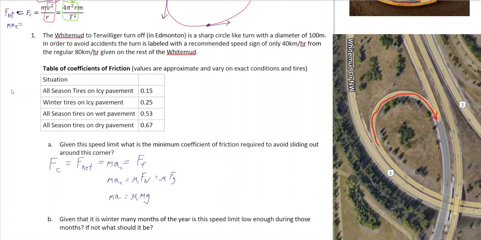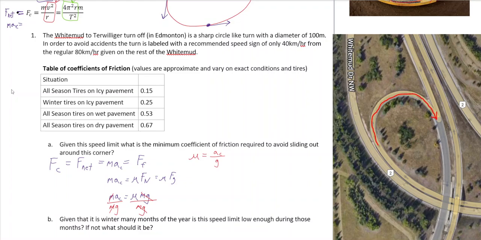So m a_c equals mu mg. Now we're looking for the coefficient of friction, so we solve for mu by dividing by mg on both sides. What you're going to notice is that the mass of the car disappears and doesn't matter. So we're left with mu equals a_c over g.